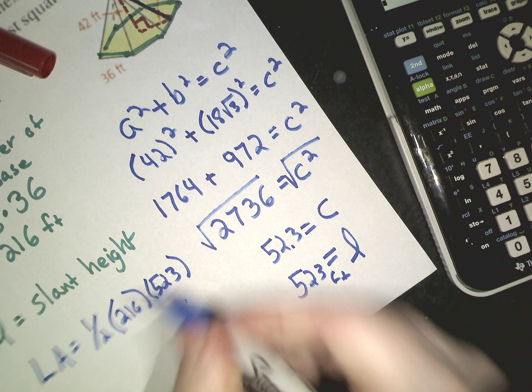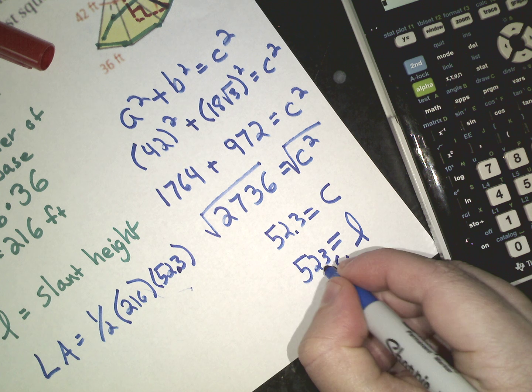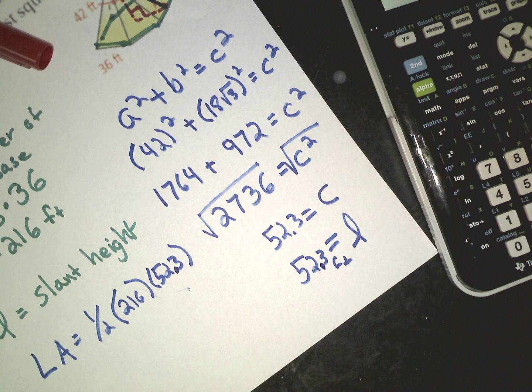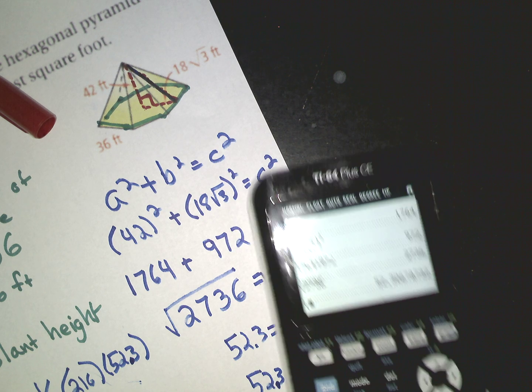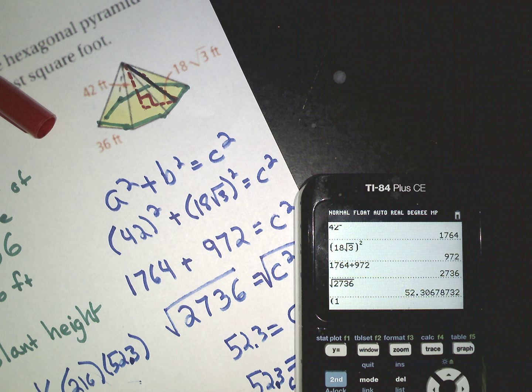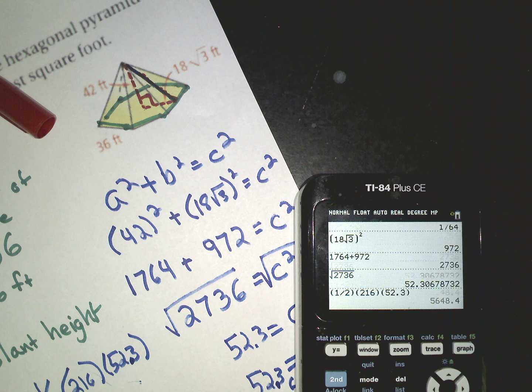Be careful, 52.3. Now let's see what we got here. So I'm going to put this all in my calculator one last time. 1 divided by 2 times 216 times 52.3.